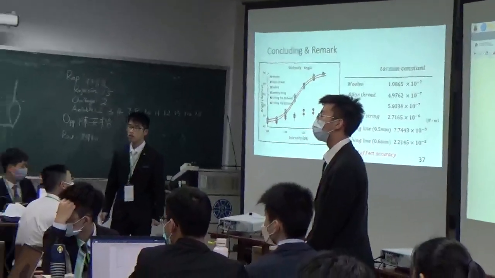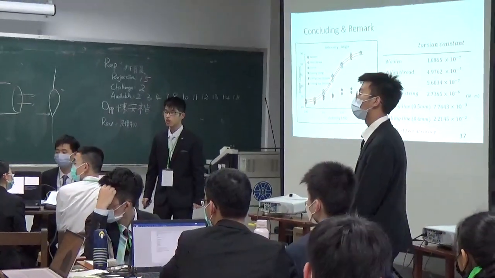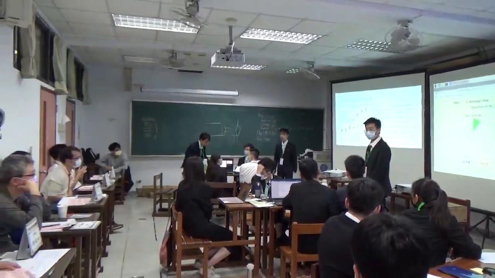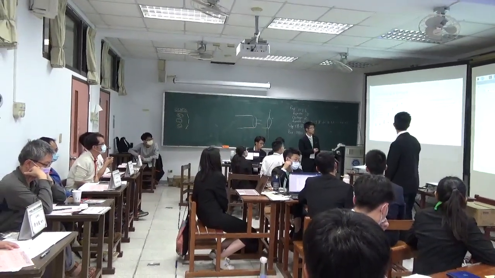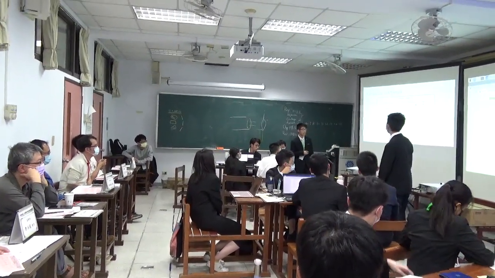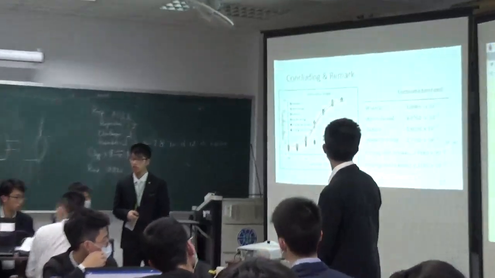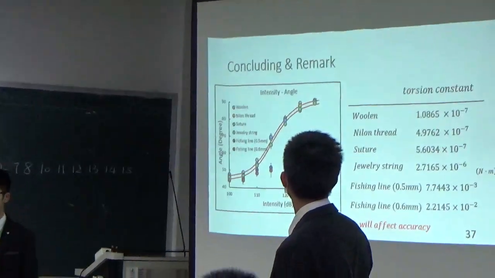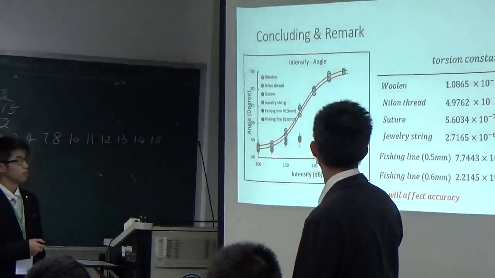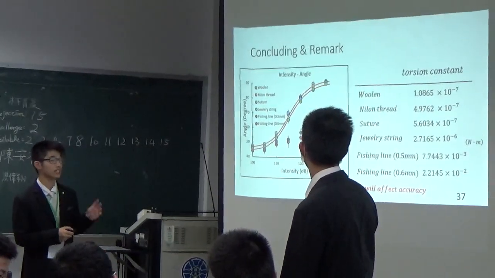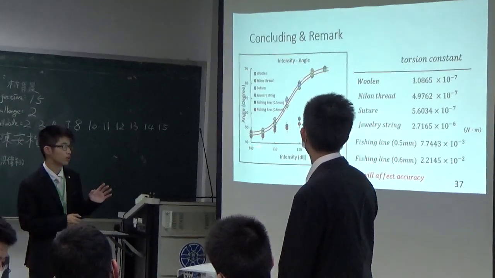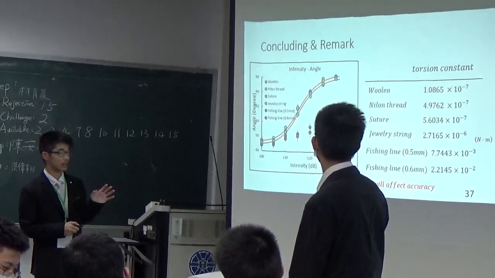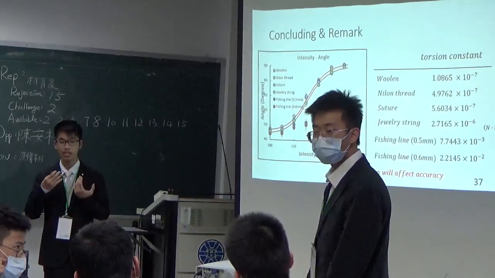Could you offer me some interpretation or even a guess as to how that would happen? Why is the experimental data of the fishing line far off from your theoretical prediction? Because it has a small tilting angle, so when the sound intensity changes by a small amount, it is not easy to observe.